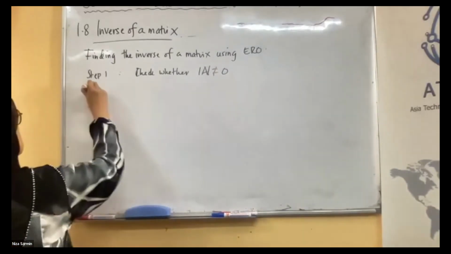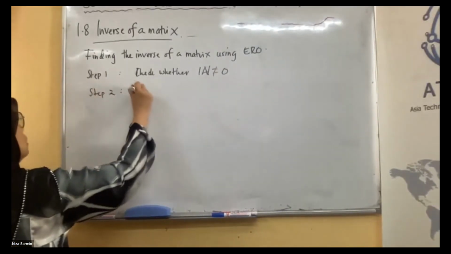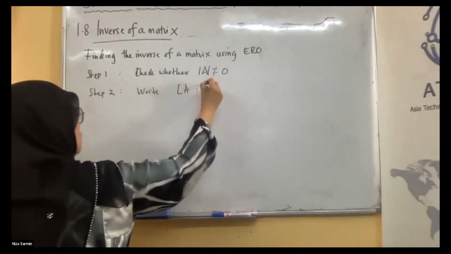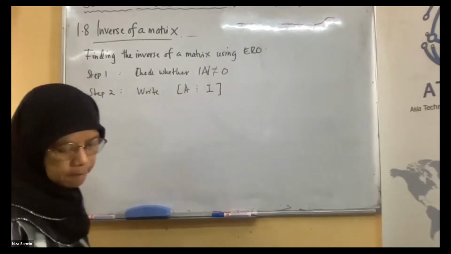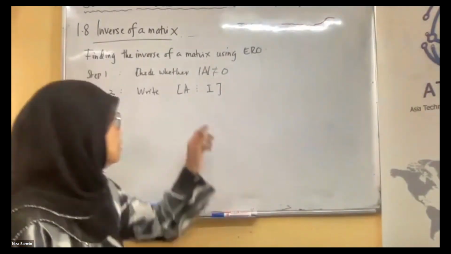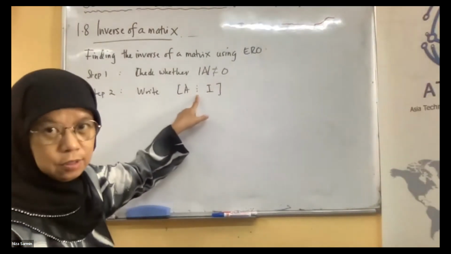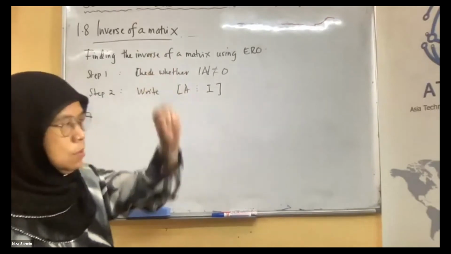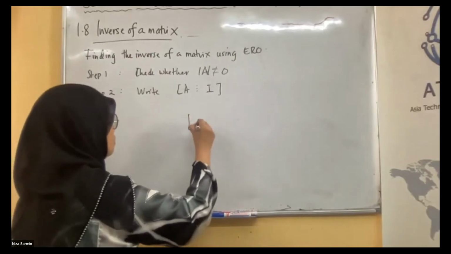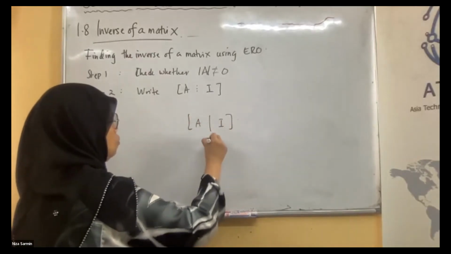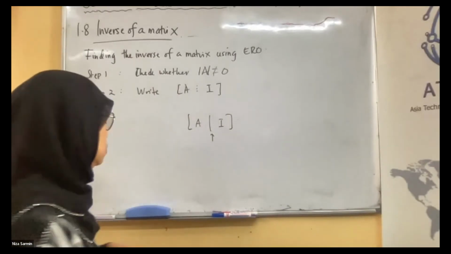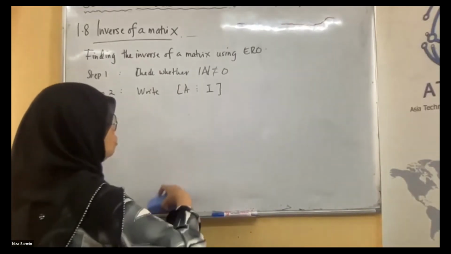The second step is to write A and I. I want you to write dot, dot, dot. It doesn't have to be 3 dots. You can, but if you put a line like this, you will be confused somehow with your determinant later. So we use dot, dot, dot.